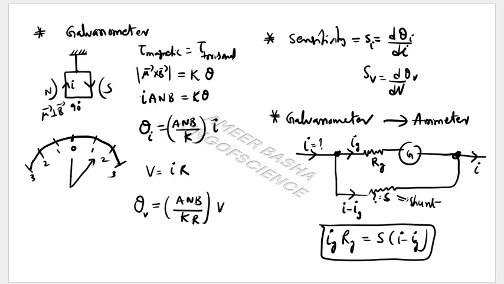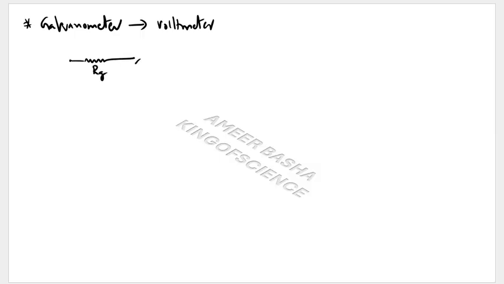Then how will you convert a galvanometer into a voltmeter so that large potential differences can be measured? Say this is my galvanometer. Here I will connect a large resistance R. Now remember, I will connect this part in parallel.